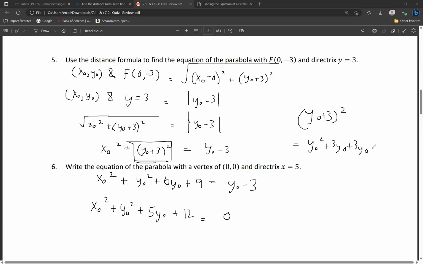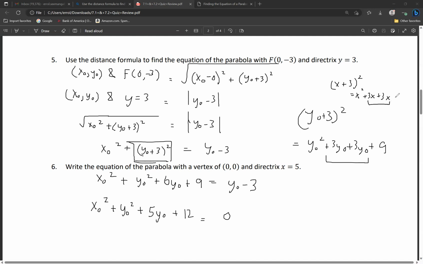There's your 6, plus 9. This is your 6y0 right here. It's kind of like, what's x plus 3 squared? x squared plus 3x plus 3x plus 9.